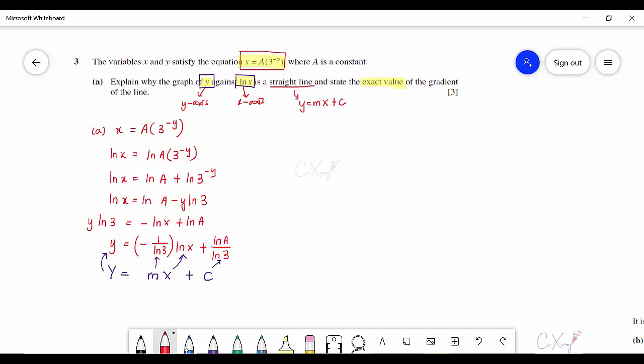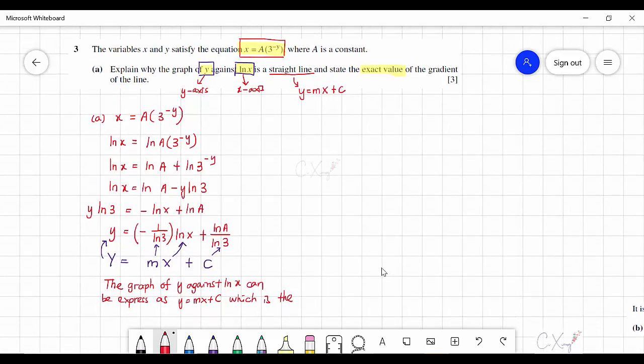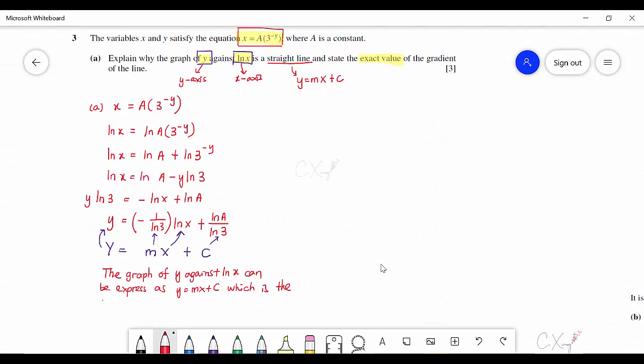If you want, you can make a simple conclusion here. The graph of y against ln x can be expressed as y equals mx plus c, which is the standard form, or standard equation, of a linear line.